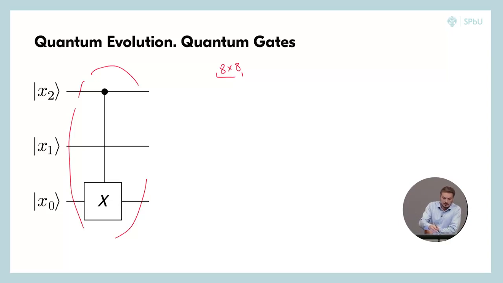So we have to multiply 3 matrices 2 by 2, or 1 matrix 2 by 2 by a 4 by 4, or maybe this way.